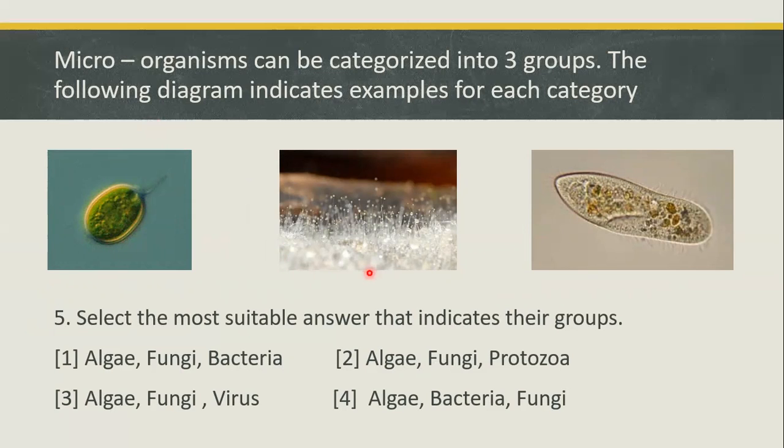In this picture, Mucor. In this picture, Paramecium. This Chlamydomonas belongs to the group of algae, Mucor belongs to the group of fungi, and Paramecium belongs to the group of protozoa.